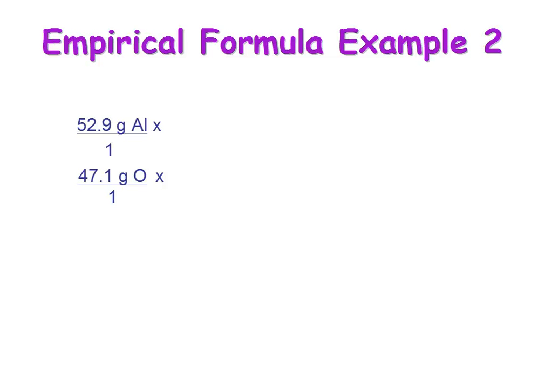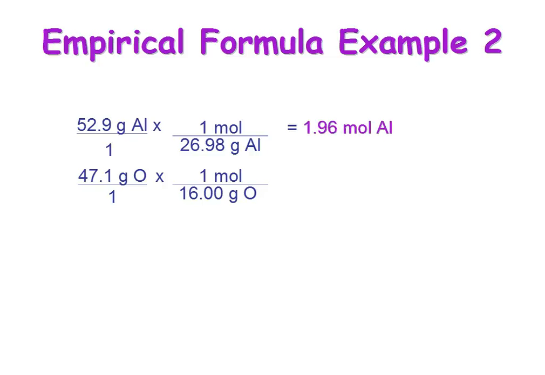Divide by the molar masses for aluminum and oxygen as single atoms, so aluminum 26.98 from the periodic table. Again, because oxygen is a part of a compound, it's just going to be divided by the mass of one oxygen atom, 16. This time our masses have 3 sig figs, so when we do the division, we get 1.96 moles of aluminum and 2.94 moles of oxygen.